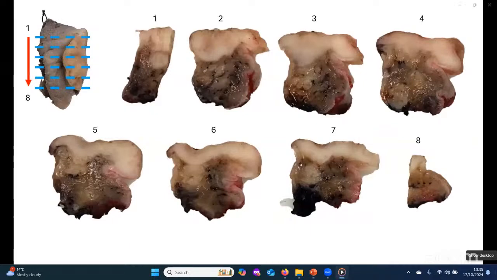The cut sections are evident in blocks 1 to 8. Both blocks 1 and 8 represent the transverse perpendicular slices, with blocks 2 to 7 the coronal sections.